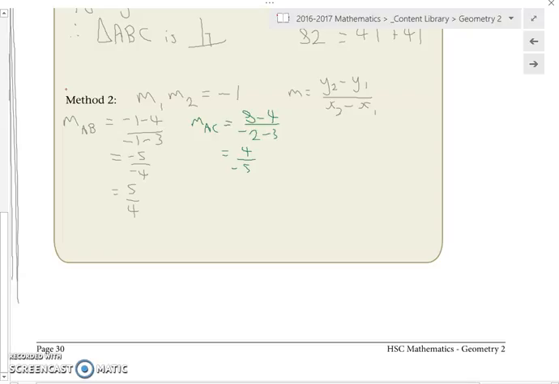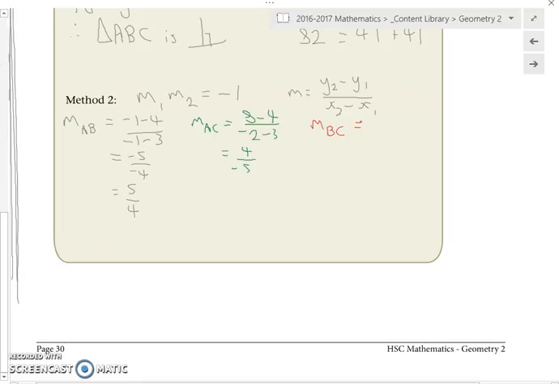I can see it straight away. Yeah, okay. Cool. That works. If you're not sure, then you'd have to do the third one, like if it didn't work out quite as well as you'd liked.